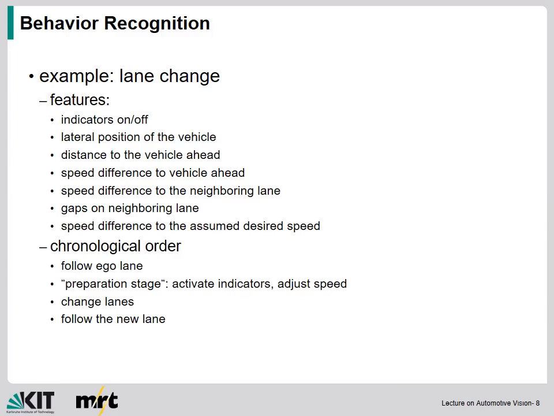The chronological order of a lane change can be described as a sequence of 4 stages. The first is we are following the ego lane, then we are preparing the lane change, activating the indicators, and maybe also already changing the velocity to adapt to the neighboring lane, then perform the lane change, and finally follow the new lane.